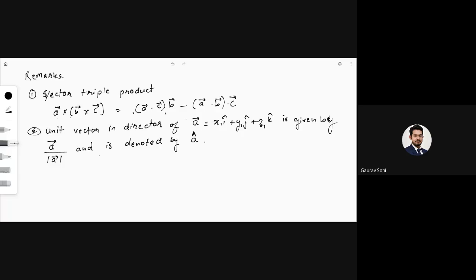If I want a unit vector for a given vector A bar, how can I do that? A cap is equal to A bar divided by modulus of A bar.